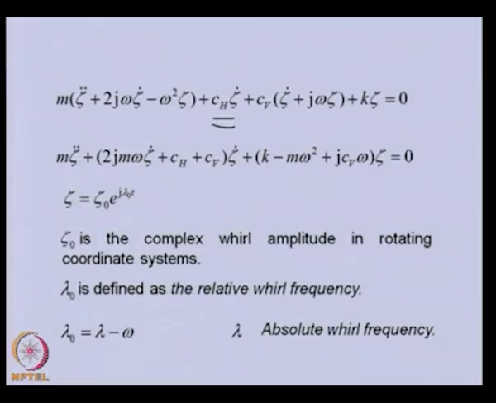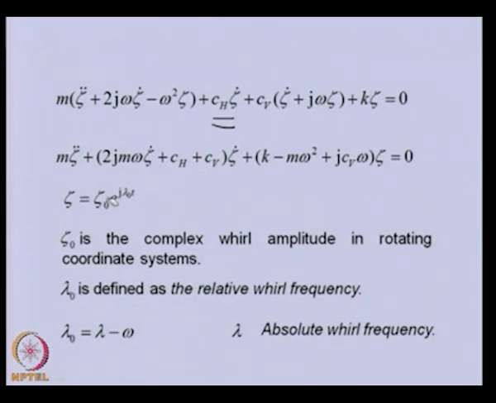The absolute whirl frequency and the relative frequency will be defined like this, because the difference is the speed at which this particular rotating system is rotating. So the relative whirl frequency or the eigenvalue is defined as the absolute whirl frequency minus the speed. With this relation we can also get the absolute whirl frequency.